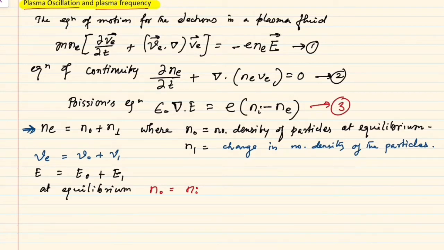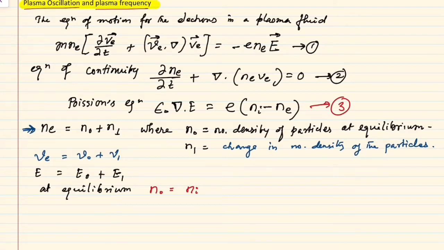At equilibrium there is no change in particle density, that's why N naught must be equal to Ni.